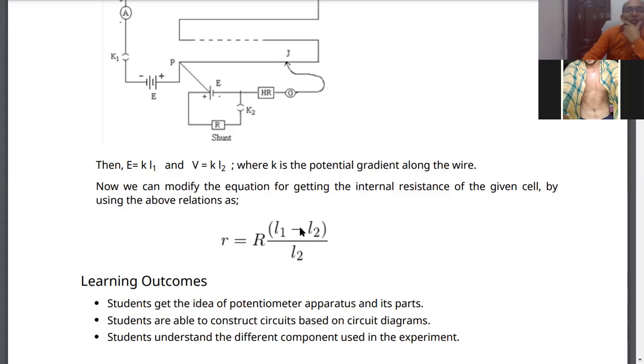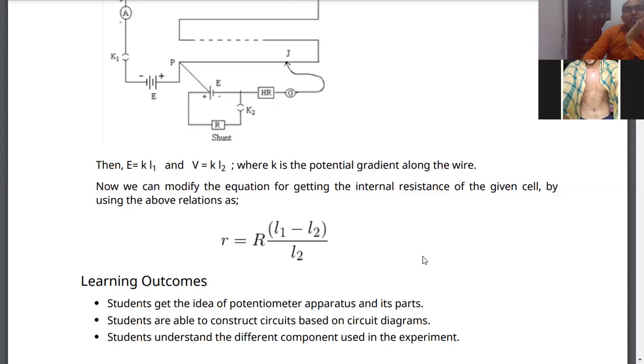Lengths L1 and L2 can be measured using the scale provided on the wooden board of the potentiometer, and R is already known from the resistance box or the shunt resistance. So by measuring lengths L1 and L2, one can measure the internal resistance of the cell.